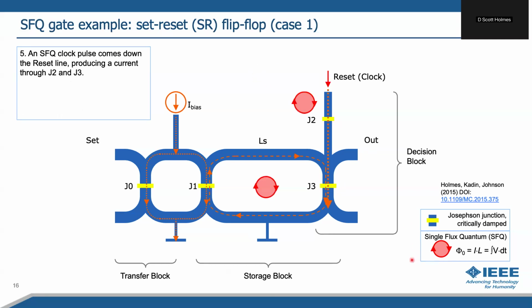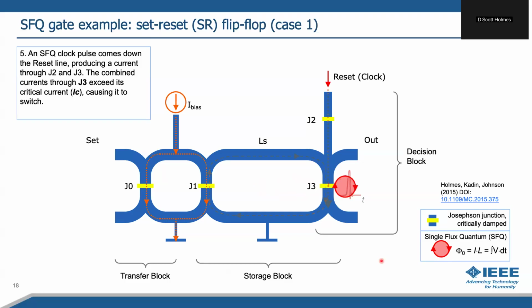And so J3 switches, and we get a pulse out. And the kickback shuts down the current in the clock line, the reset line, and the current in the storage loop, and we get an output. Okay, so that's how that set reset gate works in the case where you have an input.